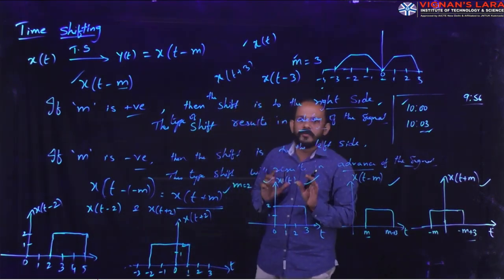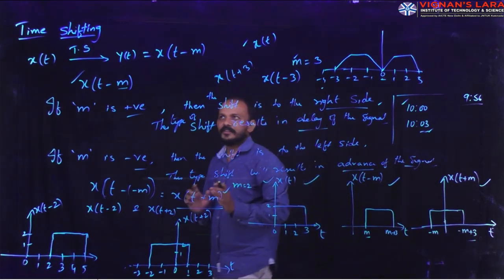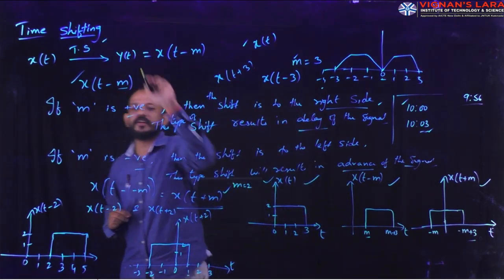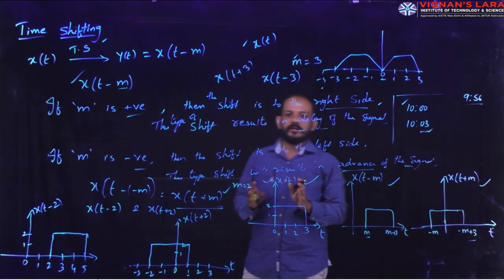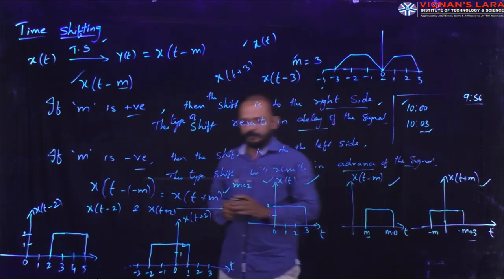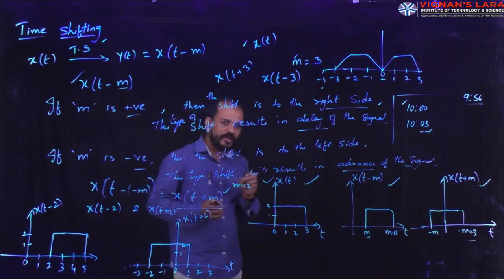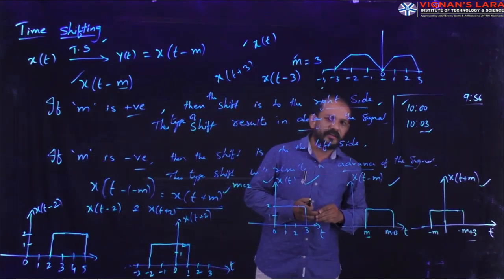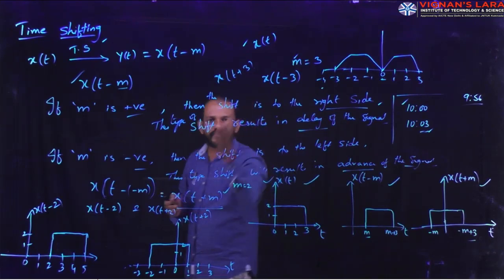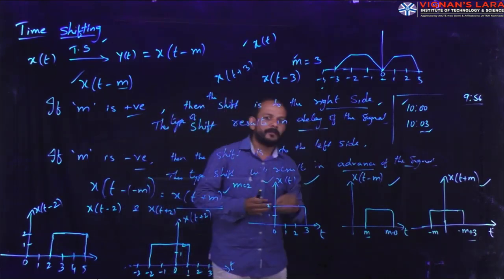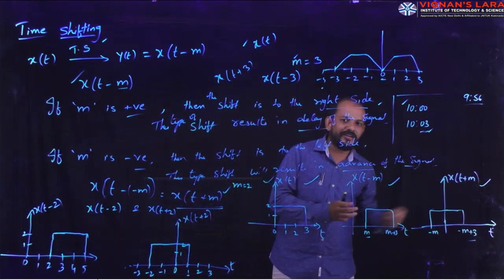The simple way to represent the time shifting operation: the time shifting operation will result in either a delay of the signal or an advance of the signal based on the right shift and left shift.